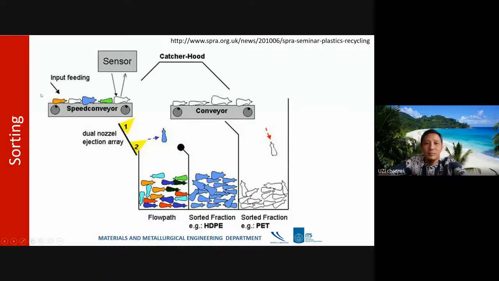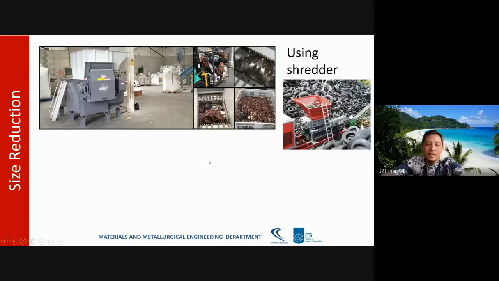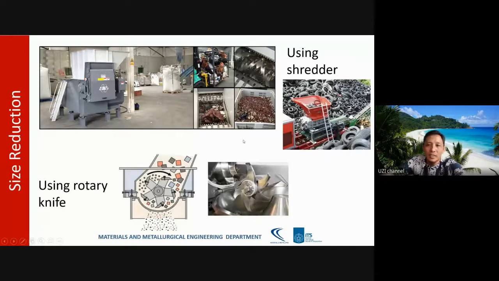With the input feeding, we can divide which one is lighter, so it goes over there, because of the density difference. This is followed by size reduction using a shredder like this. We crush the polymers into small parts using a shredder like this, or a rotary knife like this.